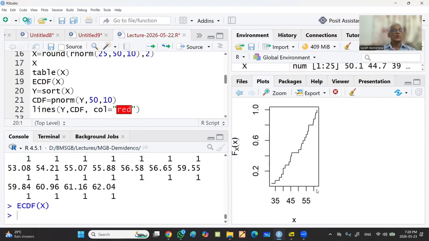Because in this case, I know that X has a normal distribution with mean 50 and standard deviation 10. The cumulative distribution function at these X values can be obtained by using the pnorm function.